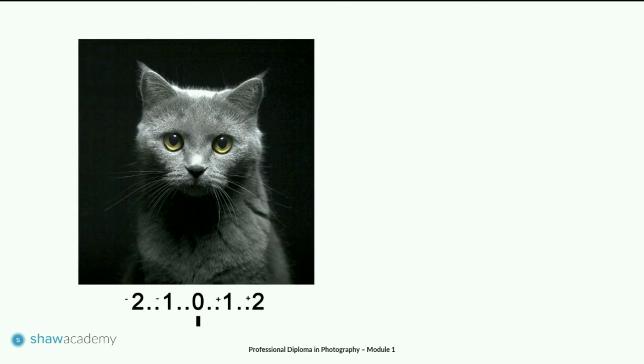Let's go back to the cat, and again, if we expose this scene with the light meter at 0, it overexposes this scene. It makes everything appear grey. You can see we're actually losing some details in there and so on, but it doesn't look right. It's too bright. It's overexposed. And again, we're changing a dark subject against a dark background, and we're turning it to grey by exposing with the light meter at 0.